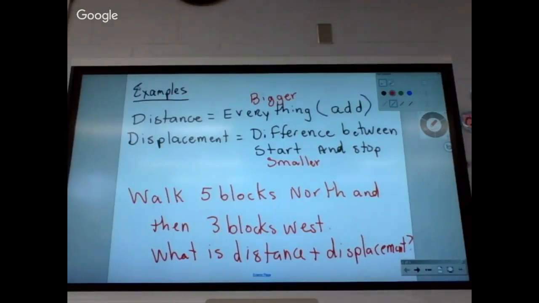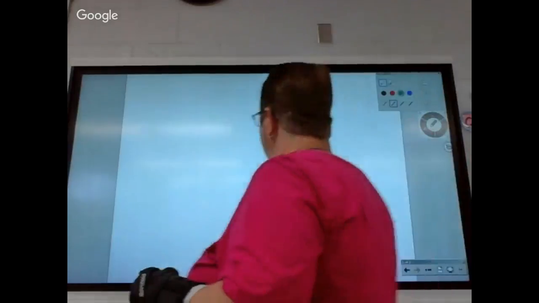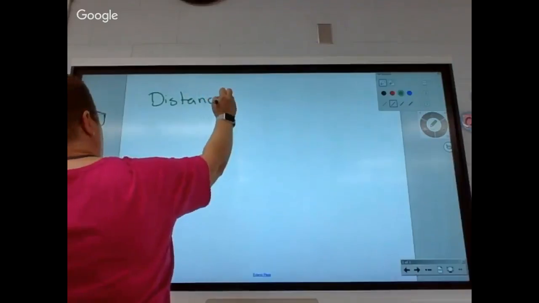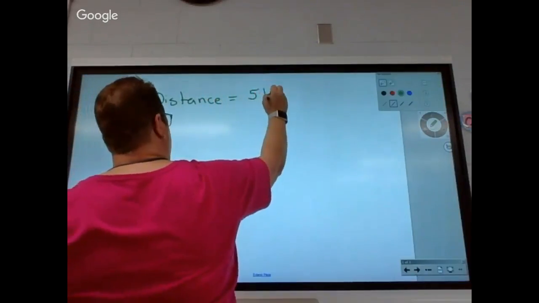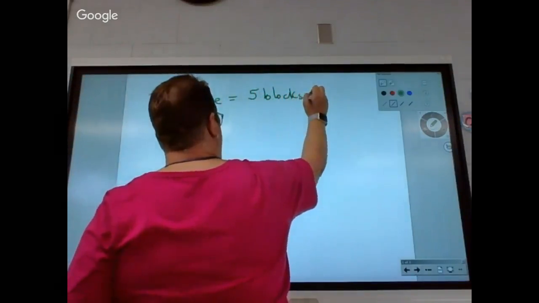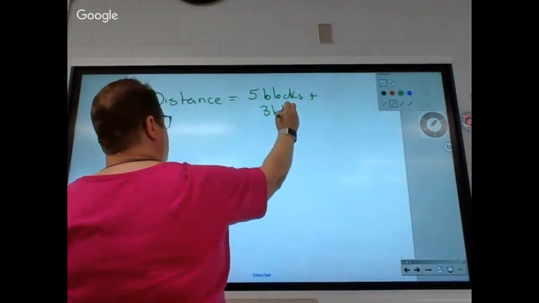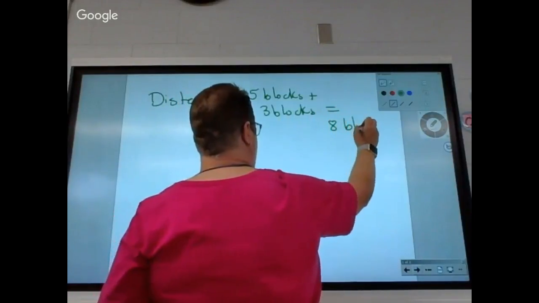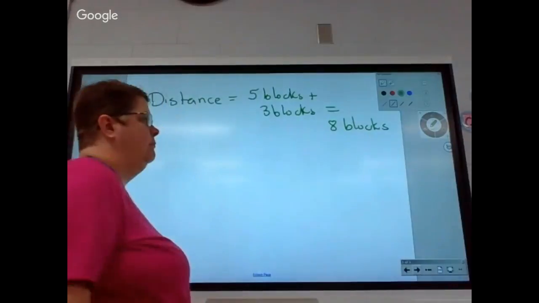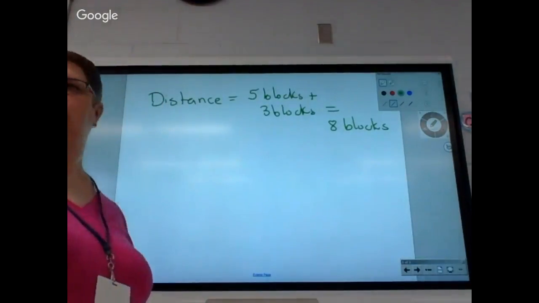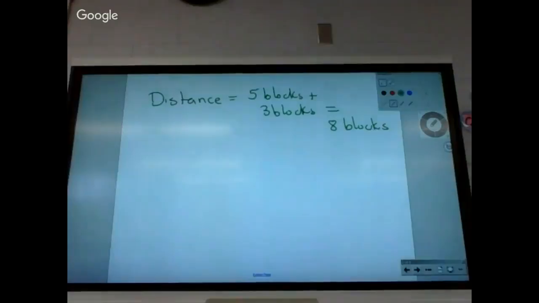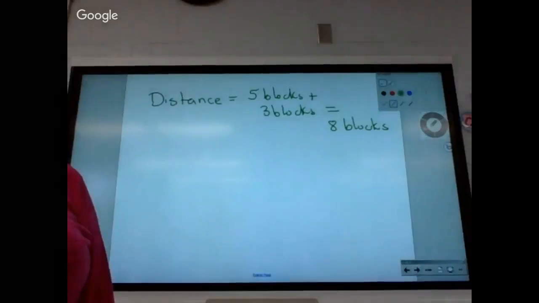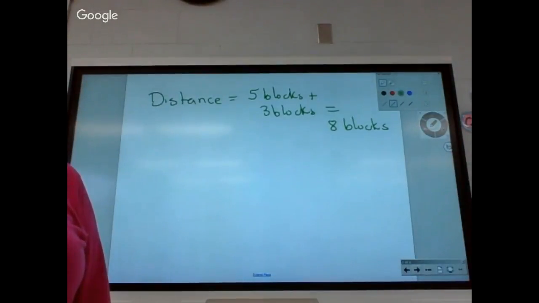All right, so if we want to find our distance, distance is what? Distance is 5 blocks plus what? Plus 3 blocks. So I get what? 8 blocks. Okay? So if I walk 5 blocks, and then I walked 3 blocks, I walked how far? I walked 8 blocks.